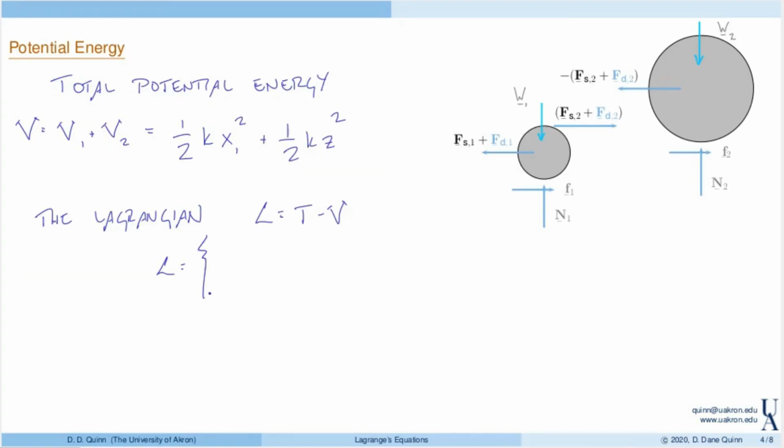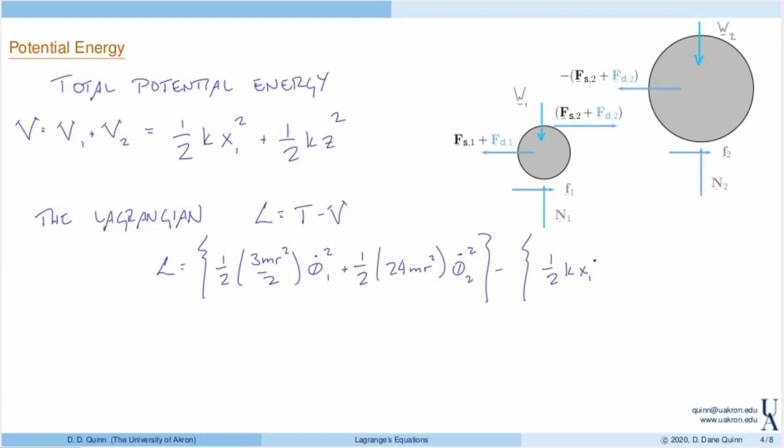So that's 1/2 times 3mr squared over 2 theta 1 dot squared plus 1/2 times 24 mr squared theta 2 dot squared, minus now the potential energy, 1/2 k x1 squared and 1/2 k z squared.